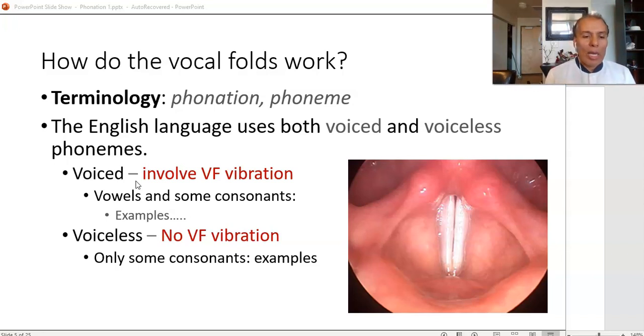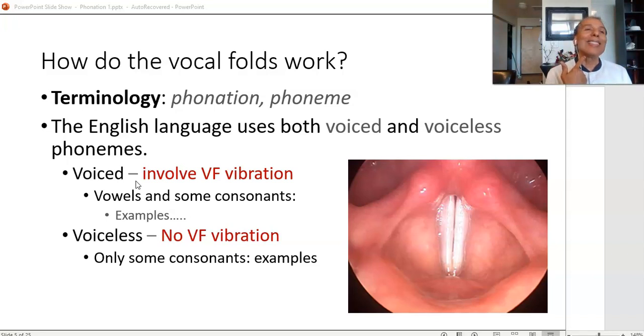And then voiced sounds have two sources of phonation. Two sources of sound or noise. One is in the oral cavity, that is always voiceless, and the other source is vocal fold vibration.